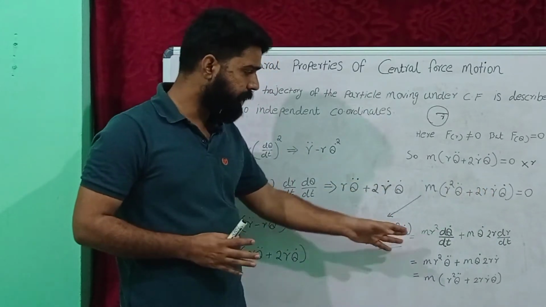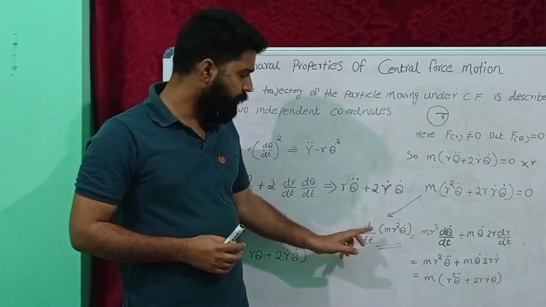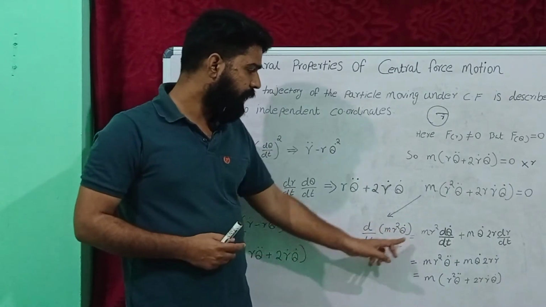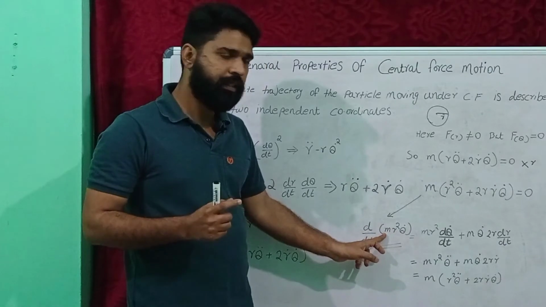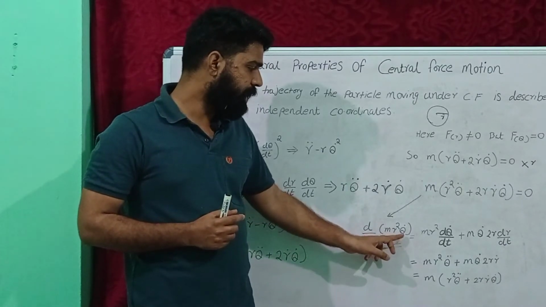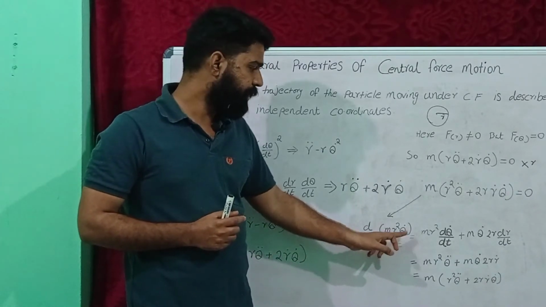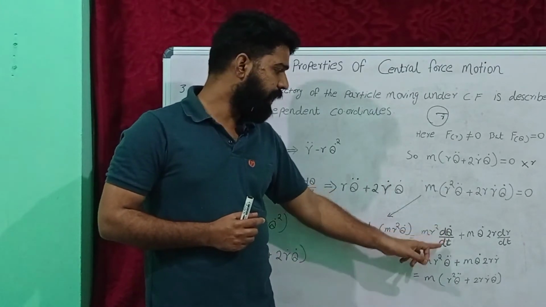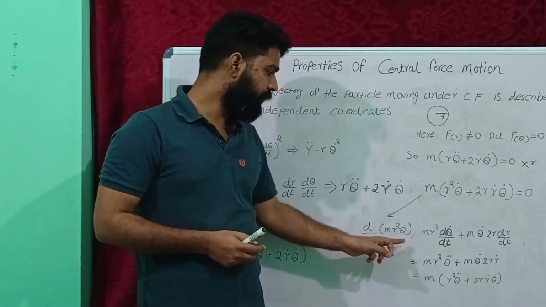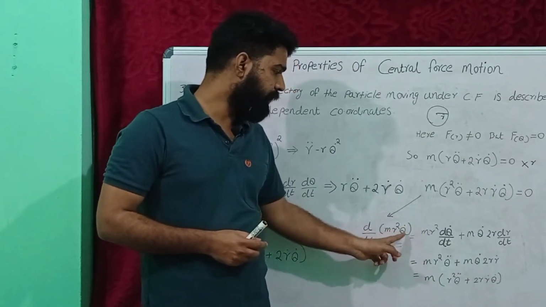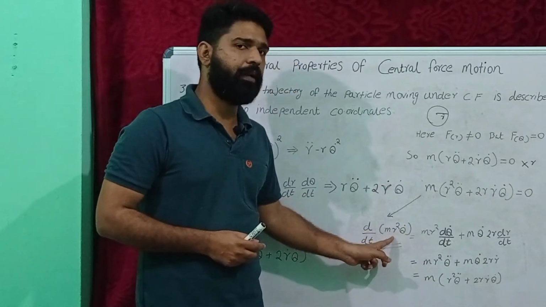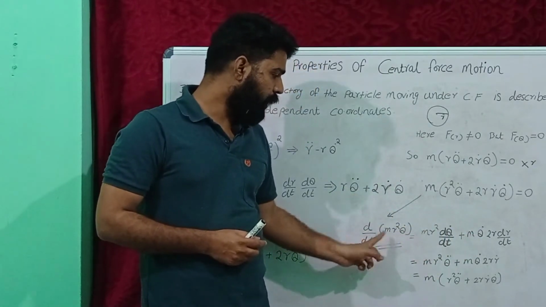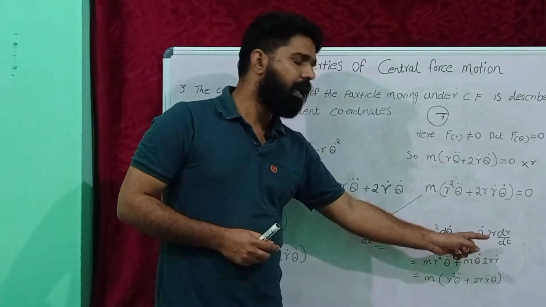How? Please see here. Differential of m r square theta dot with respect to t: m is constant, and first we differentiate the theta dot function. So m r square d theta dot by dt, and for the second term we take the constant m and theta dot, and here r is the variable. So m theta dot d r square by dt, which is 2r dr by dt.